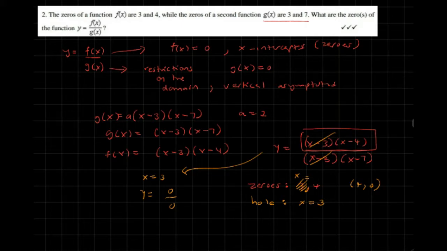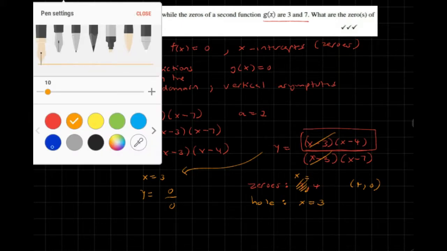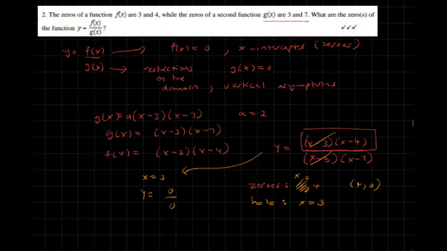If you want to determine the point of the hole, you can simplify, and your new function of y will equal x minus 4 over x minus 7. I'm just going to use f of x for this, it'll be easier to plug in. If you plug in f of 3, you get 3 minus 4 over 3 minus 7, which is negative 1 over negative 4, which is 1/4.